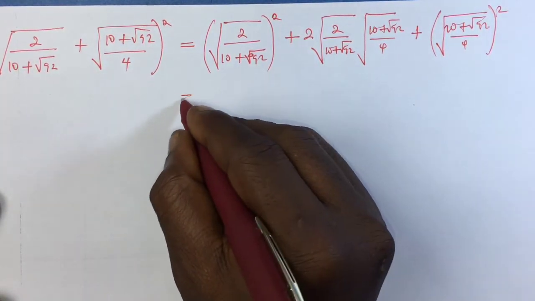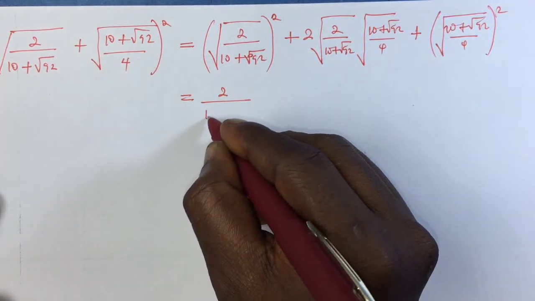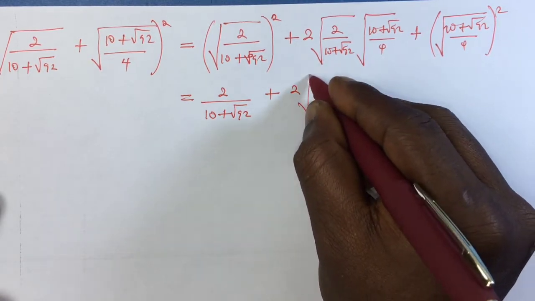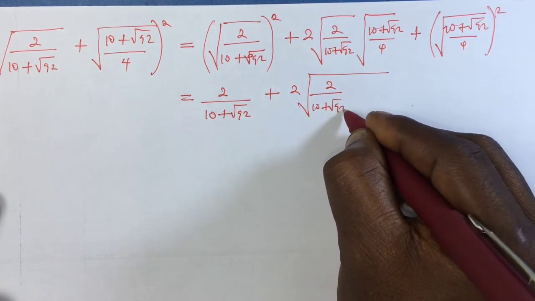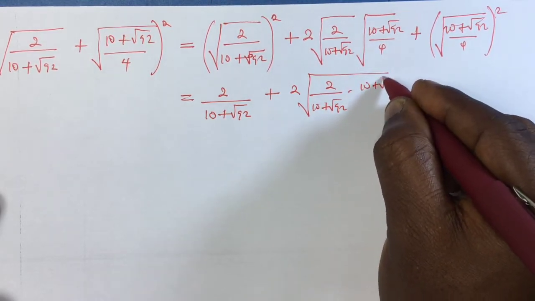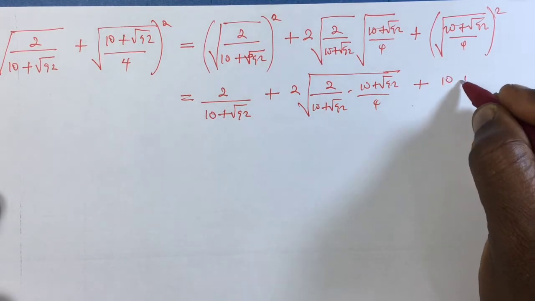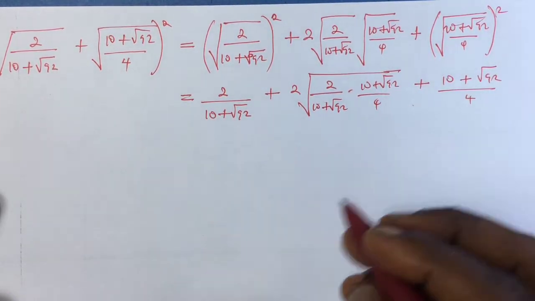Now, if you square the first term, what you're going to get is the number under the root, which is this. Then this will be 2 times the product of 2 over 10 plus root 92 and 10 plus root 92 over 4 plus the last term, which is this. Okay, so that's what we are going to get.